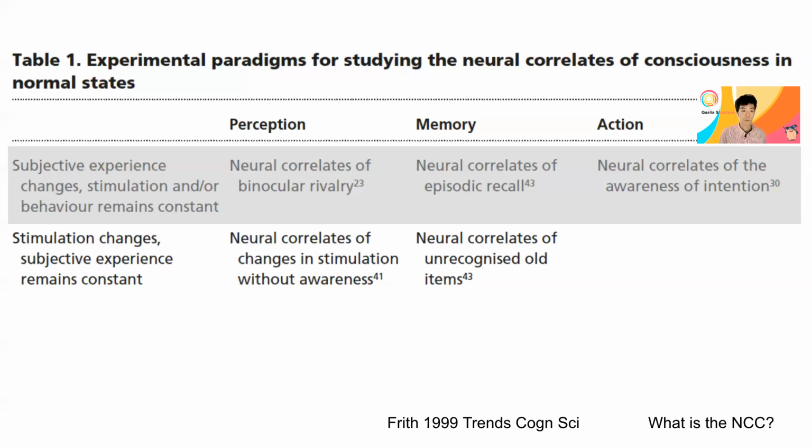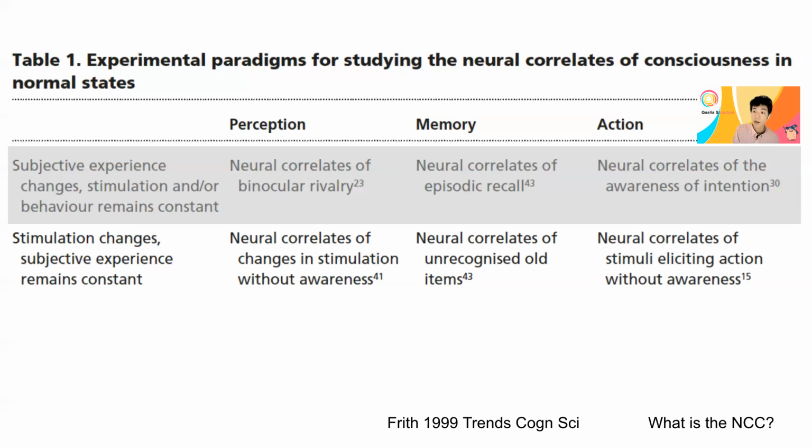So that would constitute a different stimulus, but consciousness remains the same, not recognizing it. And in terms of action, the neural correlates of stimulus eliciting action without awareness. So that's like a priming experiment.